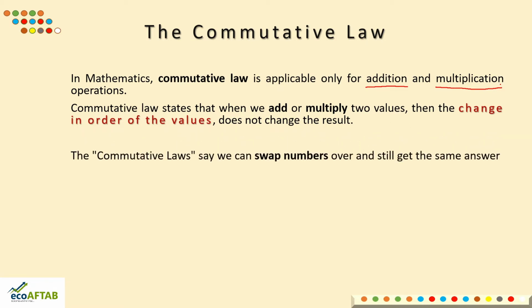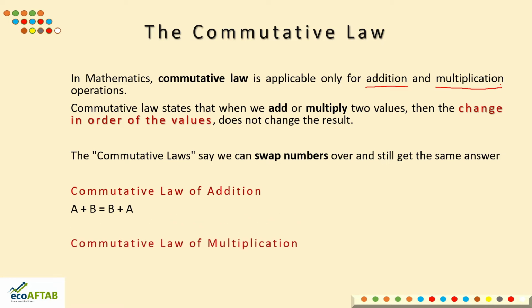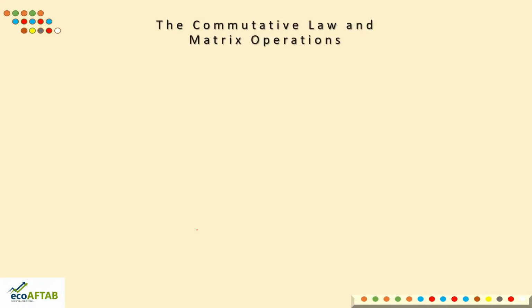The commutative law says we can swap numbers over and still get the same answer. So here we have two things: commutative law of addition, that is A plus B is the same as B plus A, and commutative law of multiplication, where A multiplied by B is the same as B multiplied by A. So let us start with the commutative law and matrix operations.